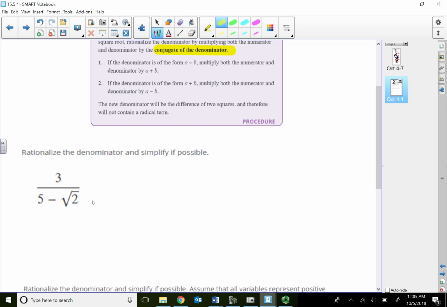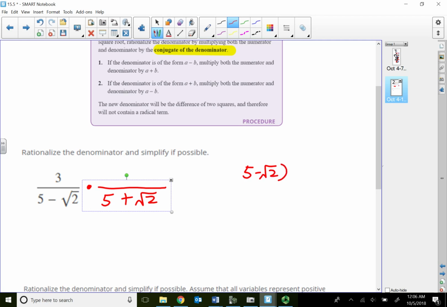Its conjugate, of these two terms, is actually 5 plus square root of 2. Because in that case, 5 minus square root of 2 times 5 plus square root of 2 is a difference of squares, and my answer will not contain any radicals.